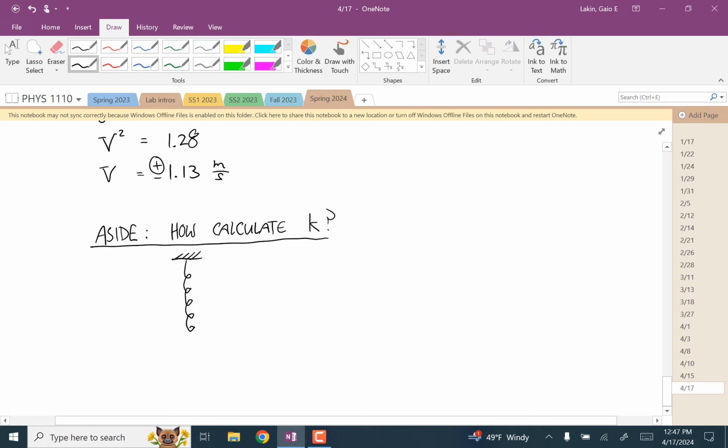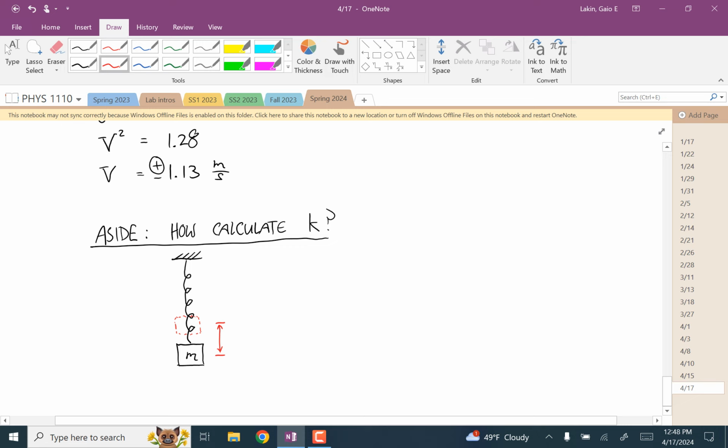So how do you calculate that? Hang some mass M from something, and measure how far the spring stretches. So you can say, like, here was the thing before you let it go, and this is the deformation.